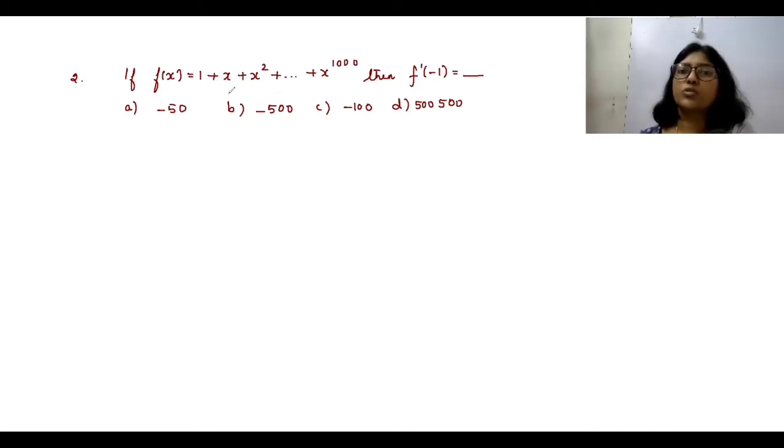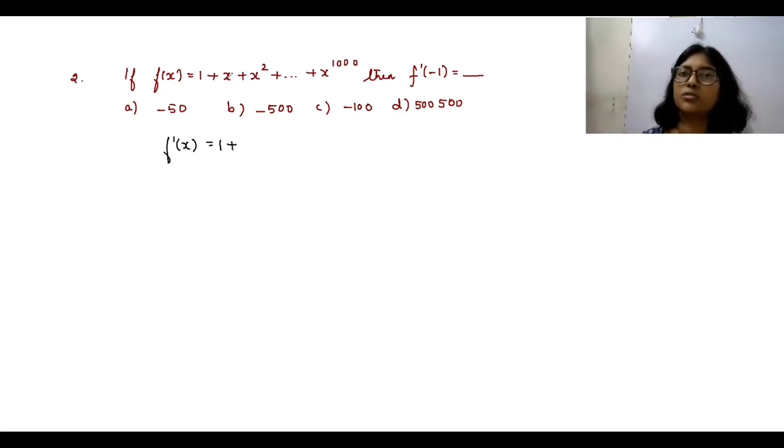So if f of x is equal to 1 plus x plus x square plus up to x raised to 1000 is given, we will add on a few terms here like x cube, x raised to 4, x raised to 999, so that we will get an exact idea of what is f dash of minus 1. So let's find f dash x.